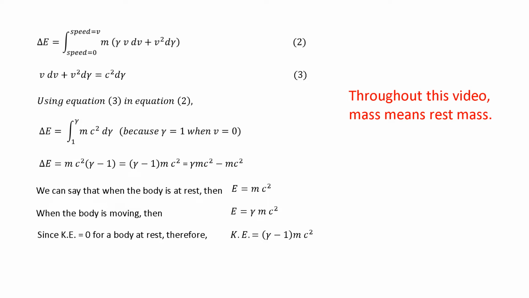And also we know that here delta E is change in energy of the body because of its motion, which means it is kinetic energy. We take kinetic energy as 0 when the body is at rest. So when the body is moving with speed v, then its kinetic energy is product of gamma minus 1 and mc square, where gamma depends on the speed v.